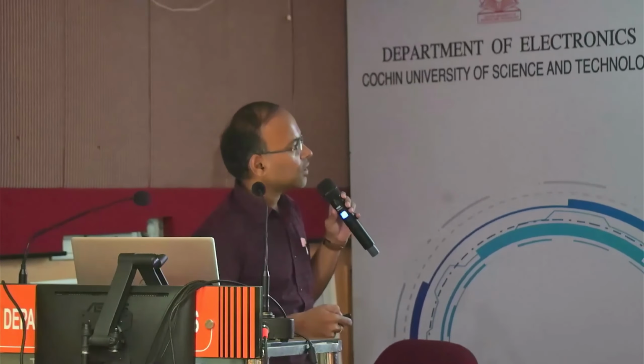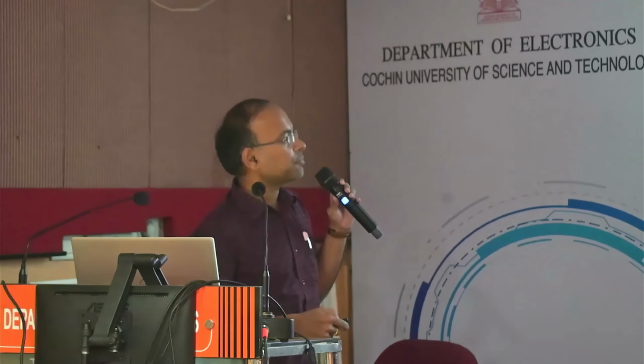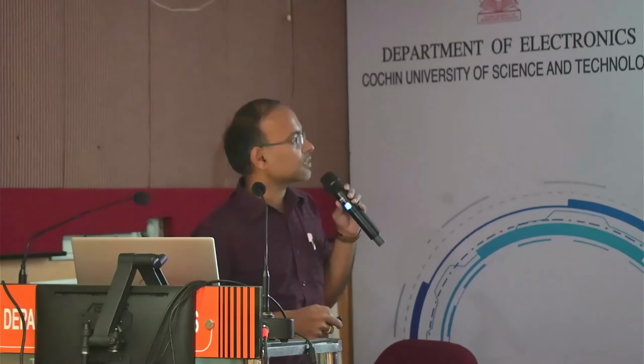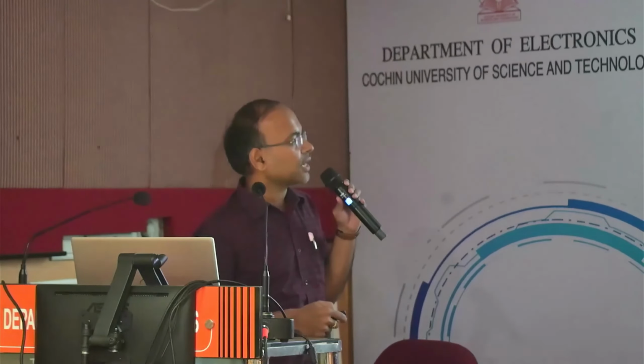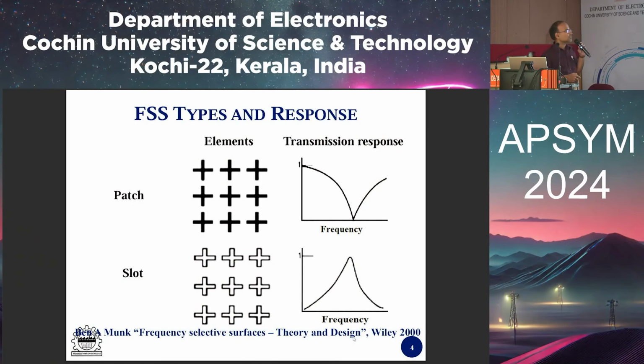So if we have a patch, it is replicated along the x and y axis, so we have an array of this kind. We call it a crisscross patch, for which each and every unit cell is a patch. That will give us a transmission response like this. This patch gives us a band stop response at one particular frequency, and if it is a slot, the complement of this gives us a band pass response.